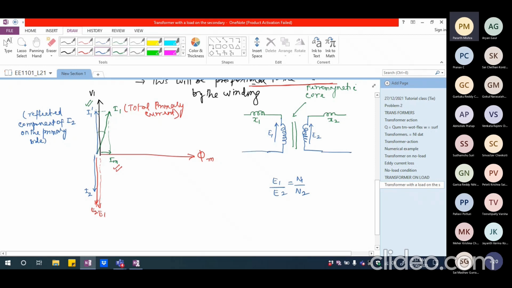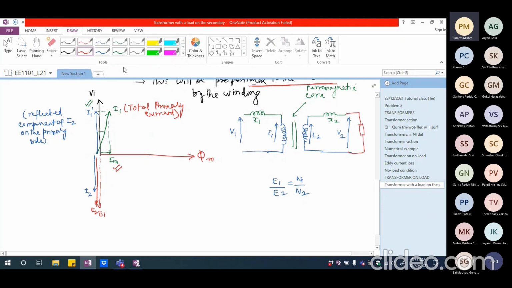Of course there will be resistance, but right now because we assumed it is not having any resistance, we are going to have V1 here. From E2, whatever voltage is dropped in the leakage reactance of the transformer, after that we show this as V2, which is the terminal voltage of the secondary winding, and here I am going to connect the load.